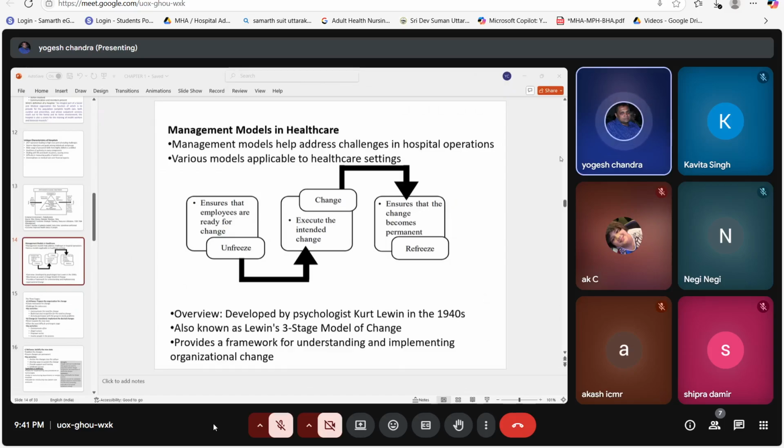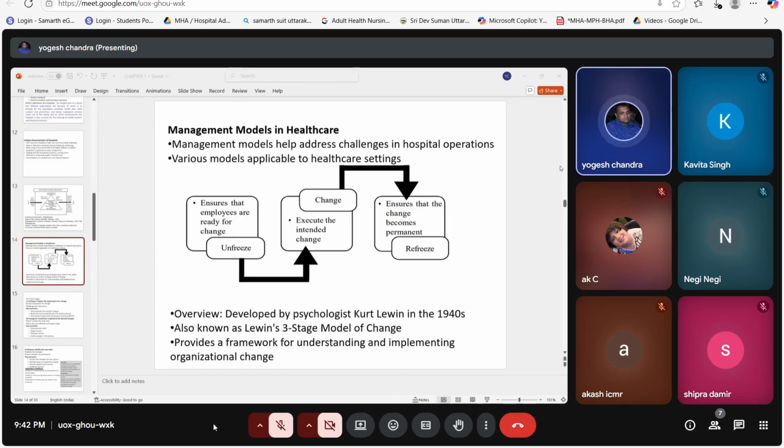Now the things are implemented, people are comfortable and all that. Now we should stabilize the change, meaning the refreeze stage. Whatever pilot program has been created is running successfully, and the result was good. So now this pilot program can be implemented in all areas.